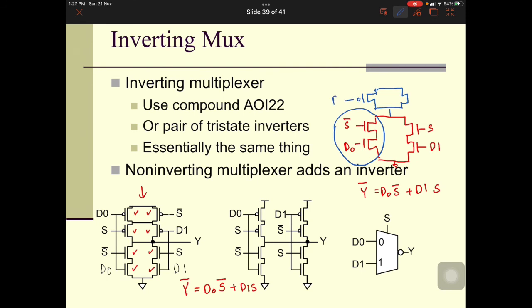This is D0 and this is S bar, and the complement from over here is actually this side over here, where this is D1 and S. Okay, so this will implement this equation.